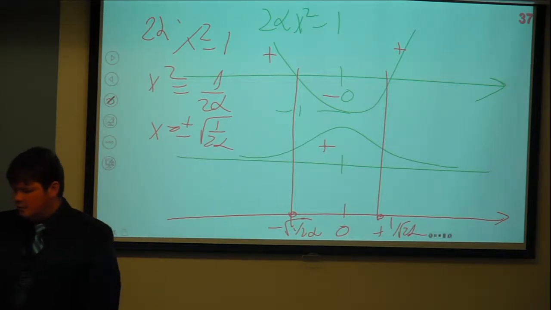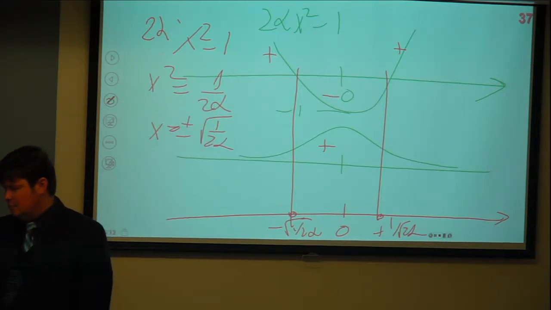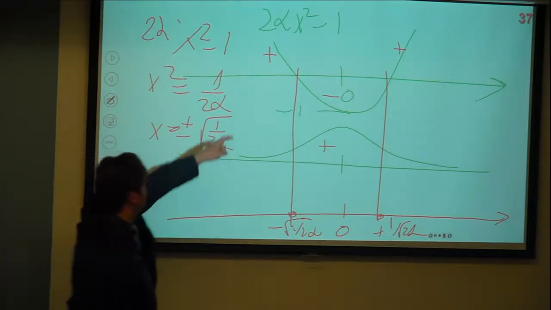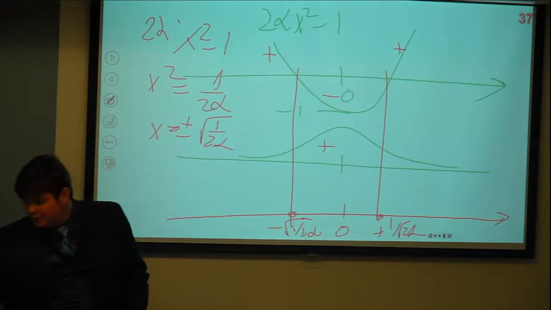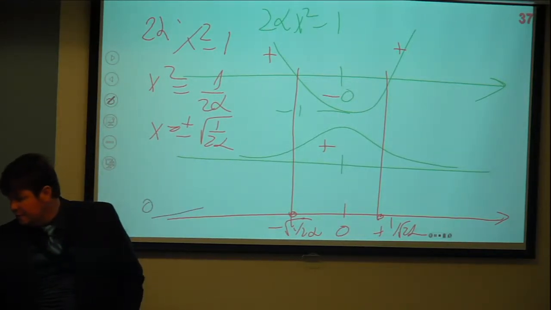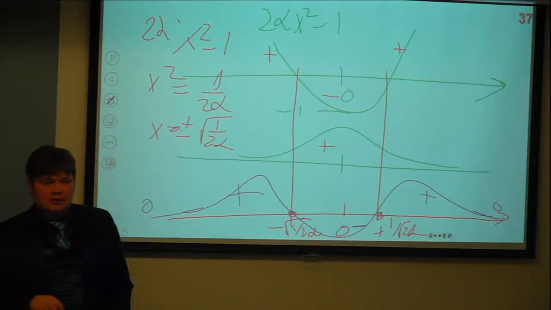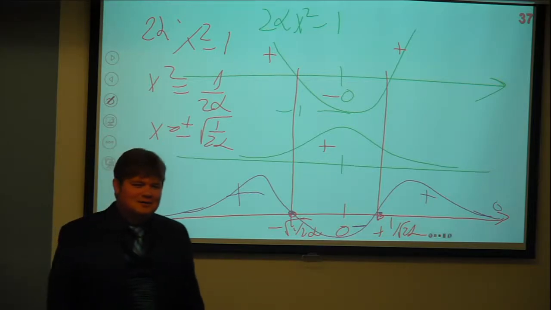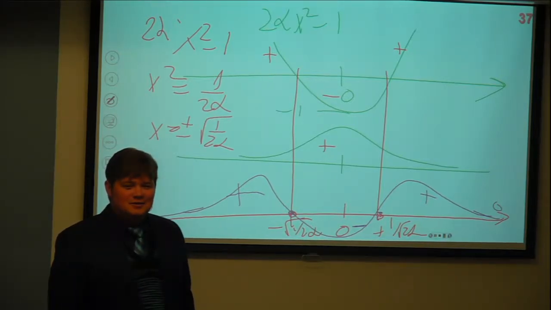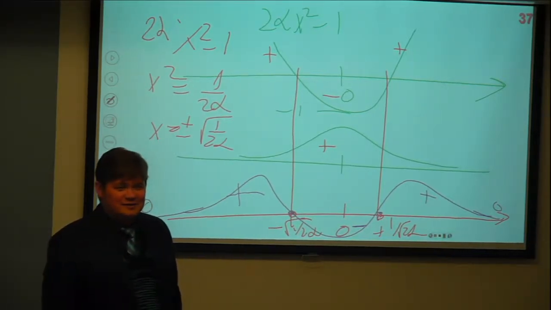And then the resulting function: plus times plus will be plus, and it should go to zero at infinity, asymptotically. So it's plus, 0, 0, and in the middle it should be minus. Right? Supporting the scientific intuitive hypothesis by Michael.